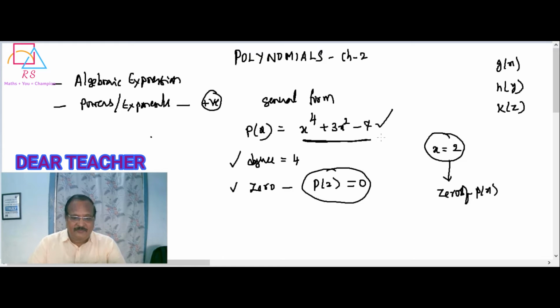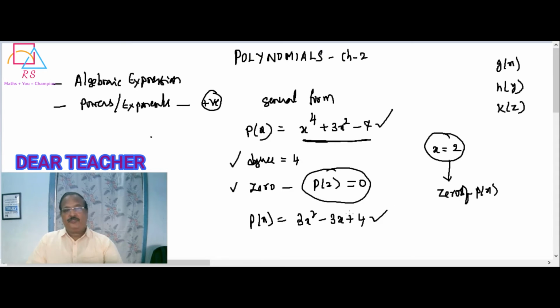Now this is a 4th degree polynomial, and if you want a 2nd degree polynomial, you can write 3x square minus 3x plus 4. In this chapter we mainly deal with degree 2 polynomials, degree 3 polynomials, and also degree 4 polynomials.